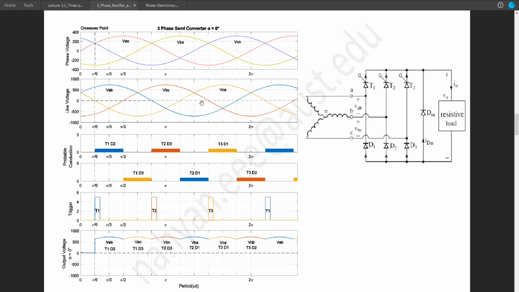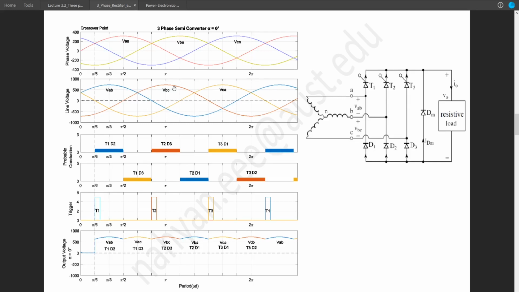Again after 4 blocks, VCA will start. So again, in order to draw the outputs correctly, we need to first draw the inputs correctly. You can increase the accuracy of your drawing by paying attention to these intersections. These intersections will always touch the 30 degree lines.